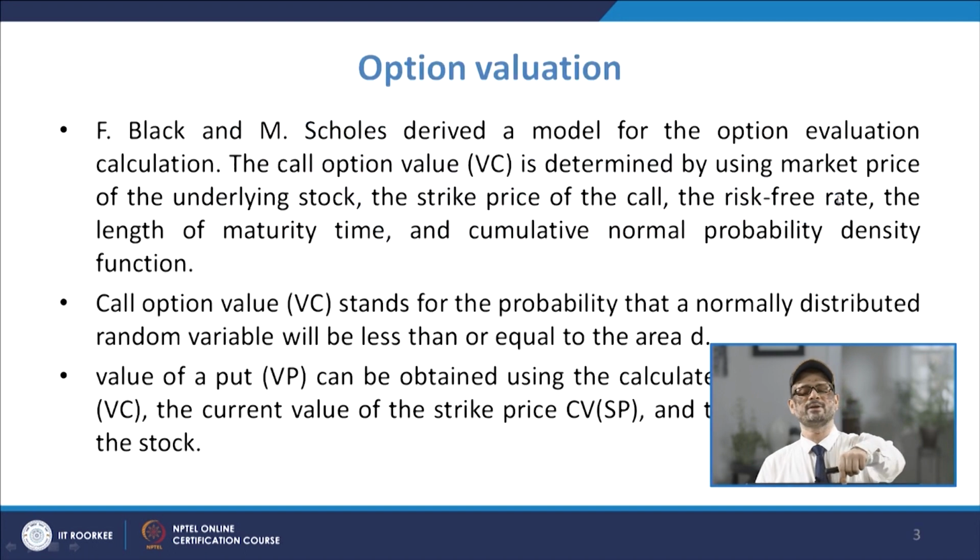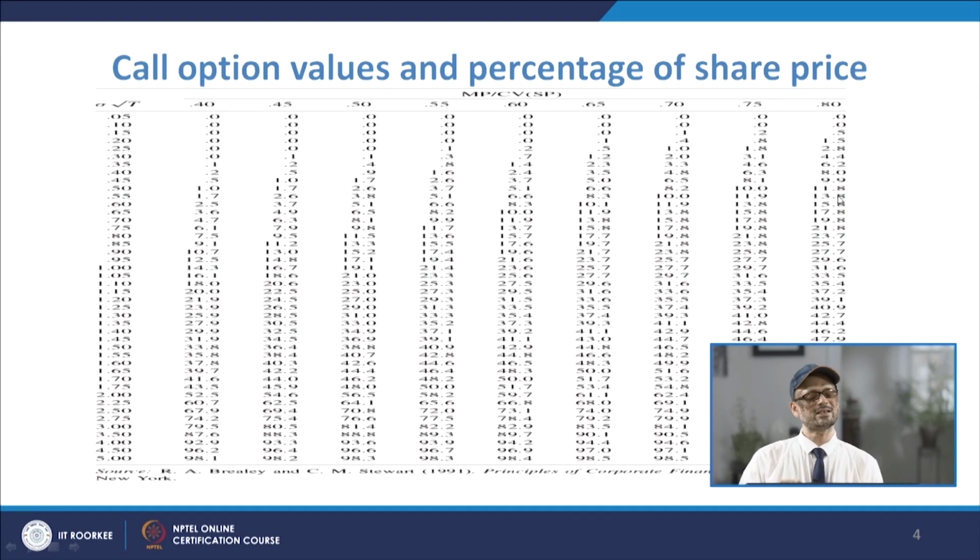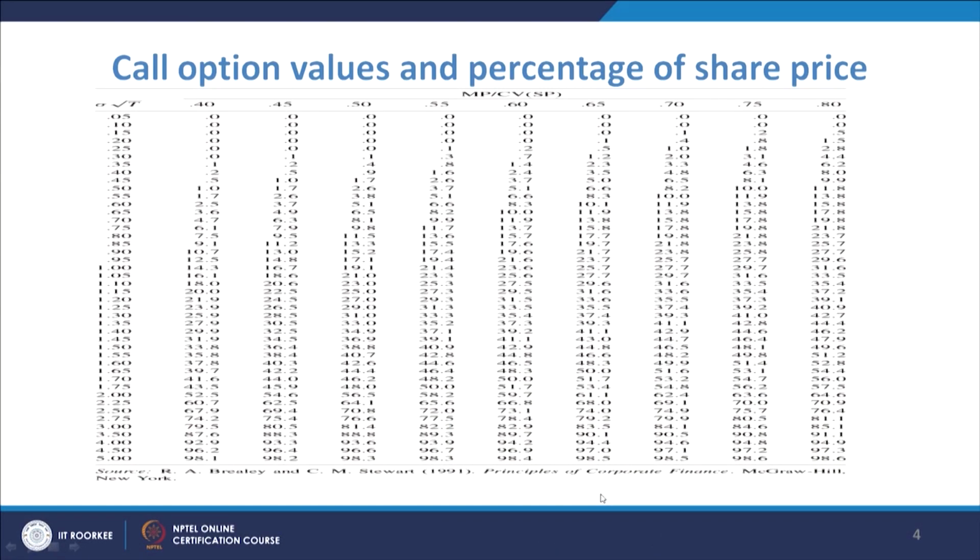That can be referred from such a table. This table is from the McGraw-Hill book. Here sigma root t is on the vertical side, and your MP by CV is given as this.